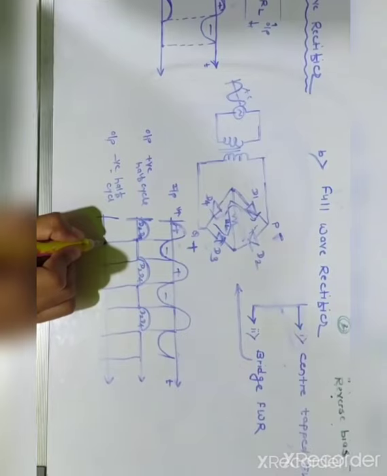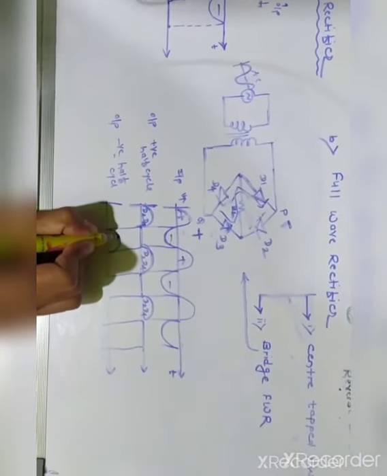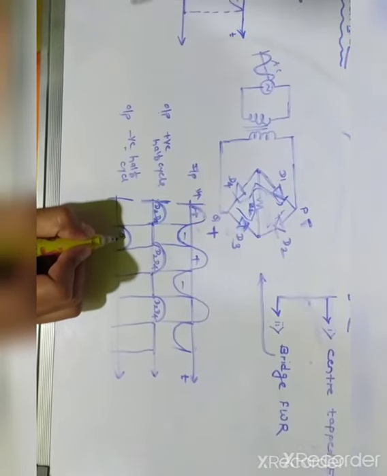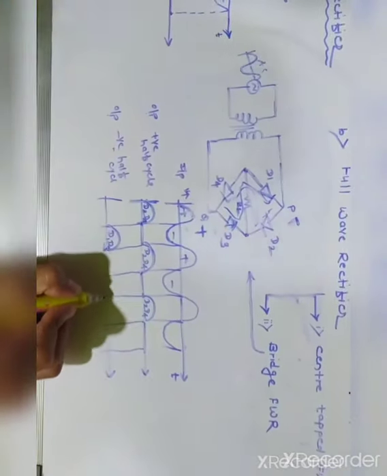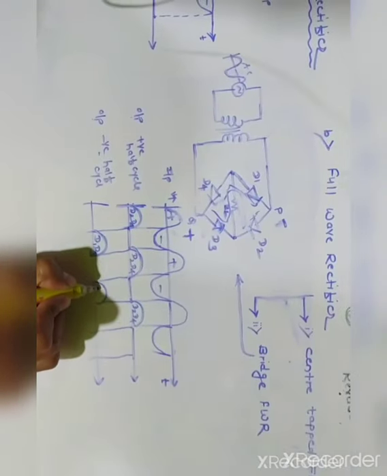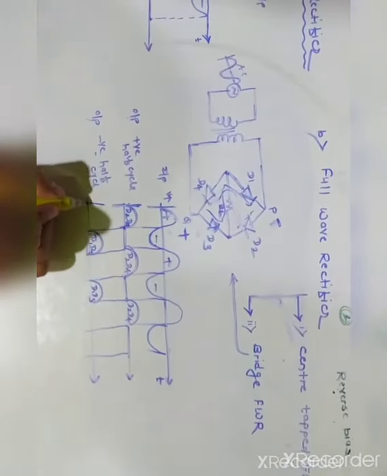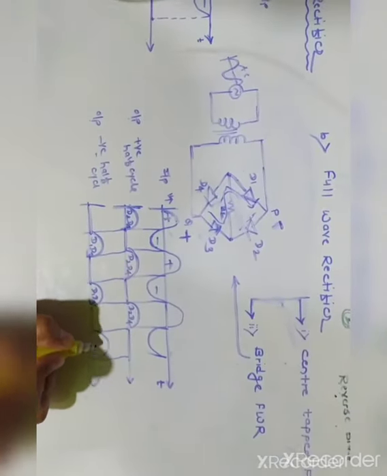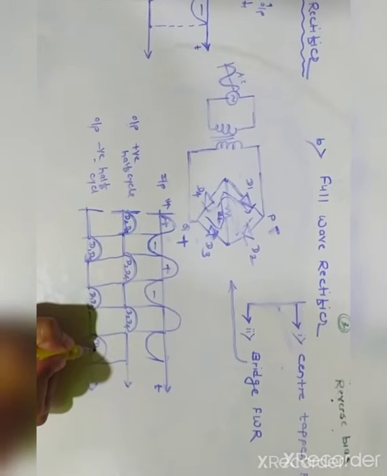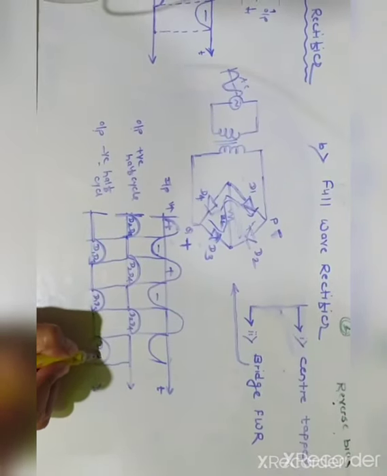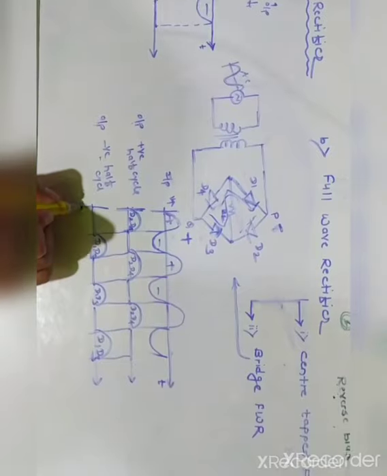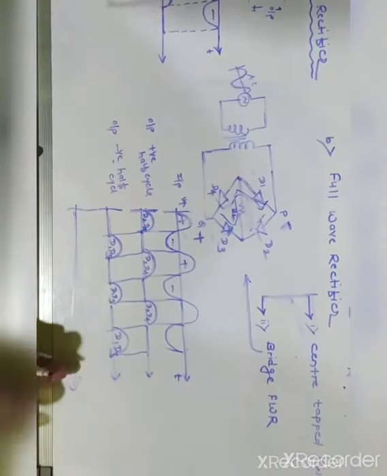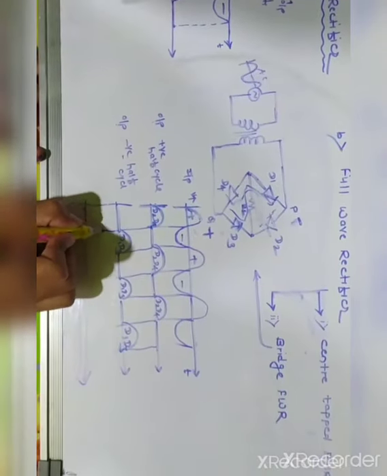So during the negative half cycle, you get the output when D1 and D3 conduct. In the full wave rectifier, I just combine these two outputs.